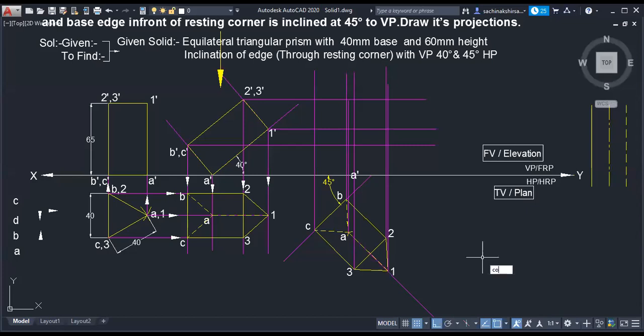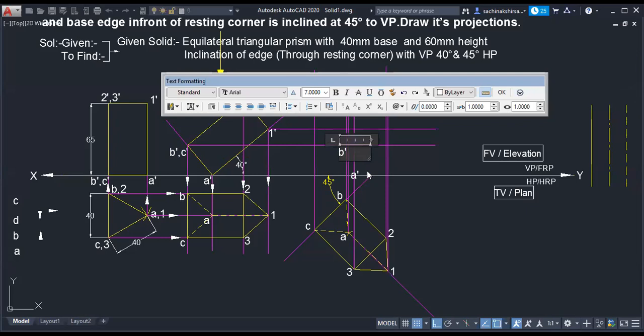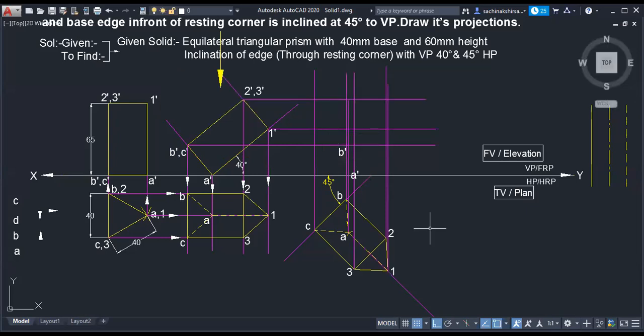Point B dash will be somewhere here. Then C dash, on the same line.